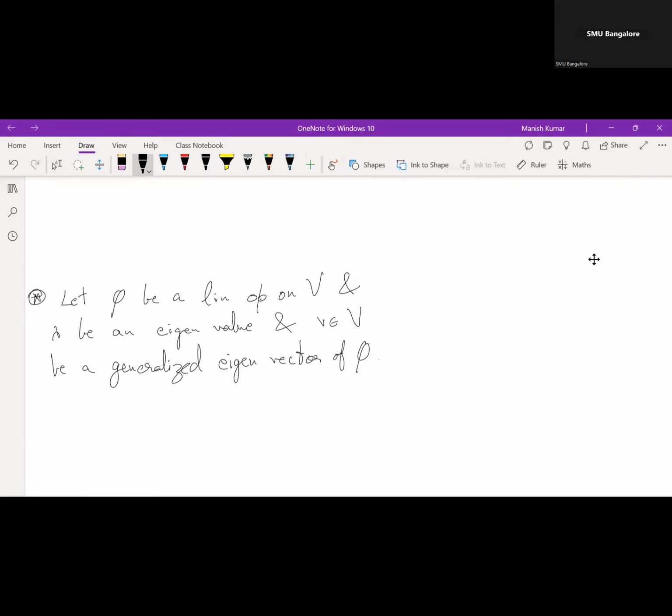That tells you that (phi minus lambda I) to the power n evaluated at v is going to be 0. So let me define something more.